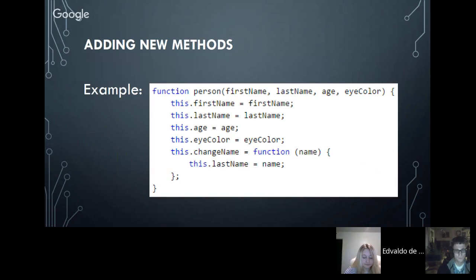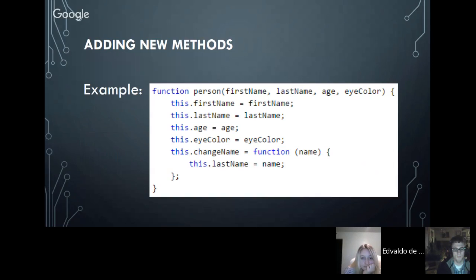In the example, we have first name, last name, age, and eye color. this.firstName, lastName, age, and eyeColor each receive their value.